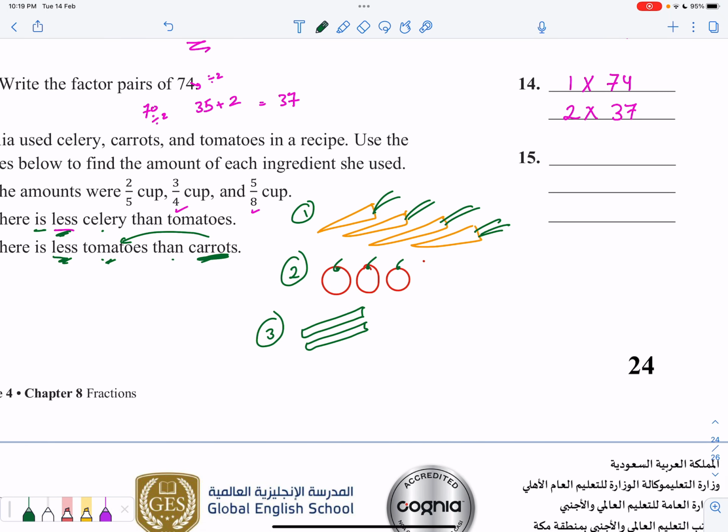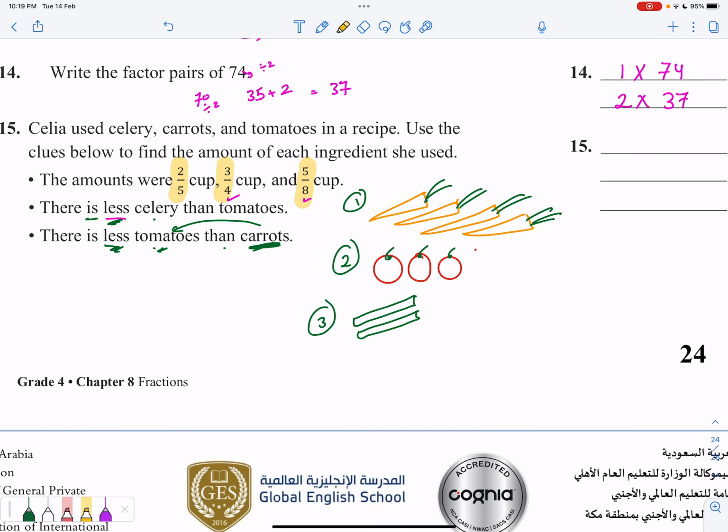Now let's put these fractions with each one of these vegetables: 2 over 3, 3 over 4, and 5 over 8. Now the greatest fraction will represent the carrots, of course, because we know that we have a lot of carrots.